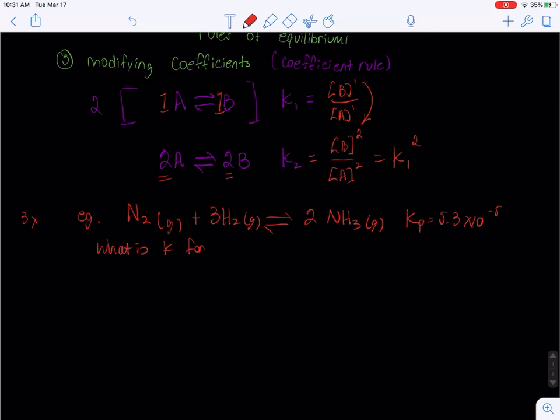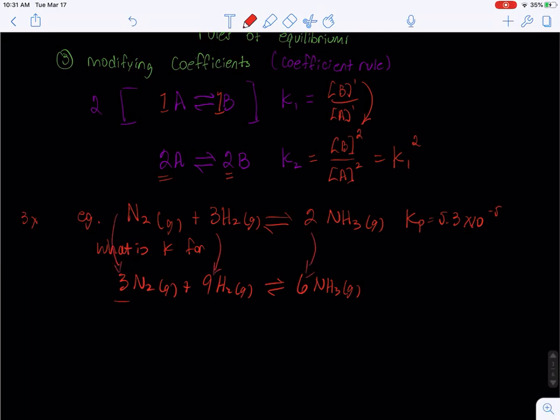So 3 times 1 is 3. 3 times 3 is 9. 3 times 2 is 6. Okay, and what I want to do is notice that everything's changing by multiplying by 3.